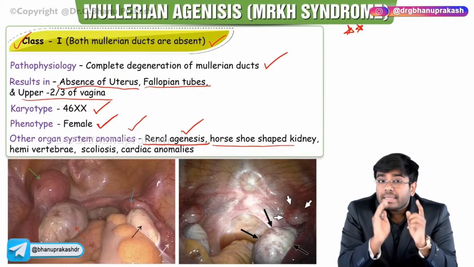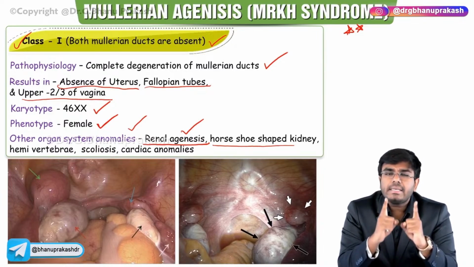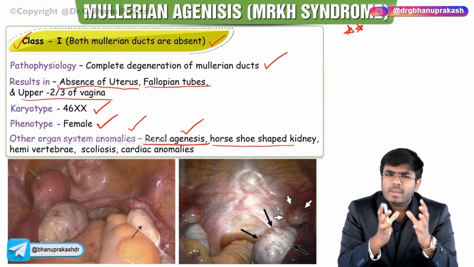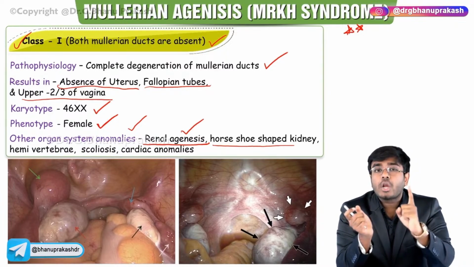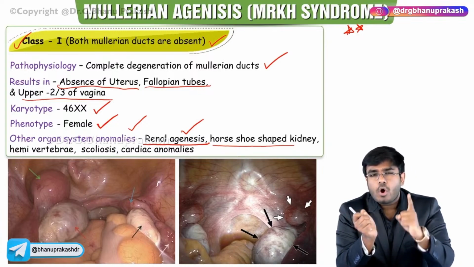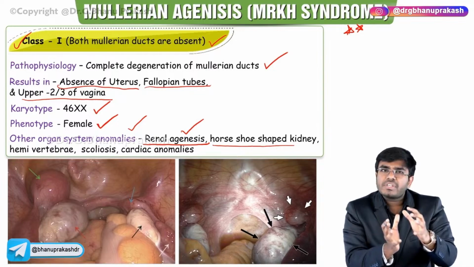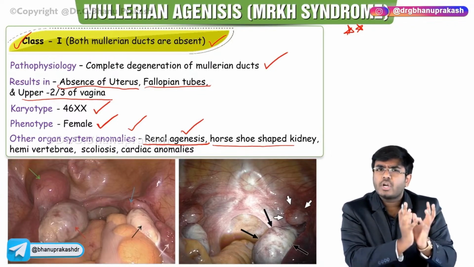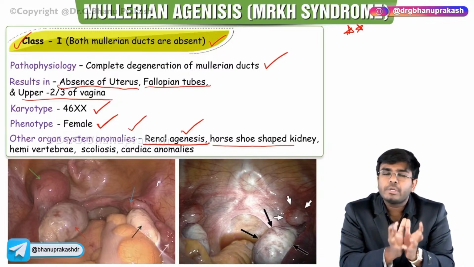Why? Please concentrate guys, secondary sexual characters come from the ovaries. Ovaries are absolutely normal. Ovaries are not derivatives of the Mullerian ducts. Ovaries form from a structure known as the genital ridge. Something totally different. It's not a Mullerian duct derivative.